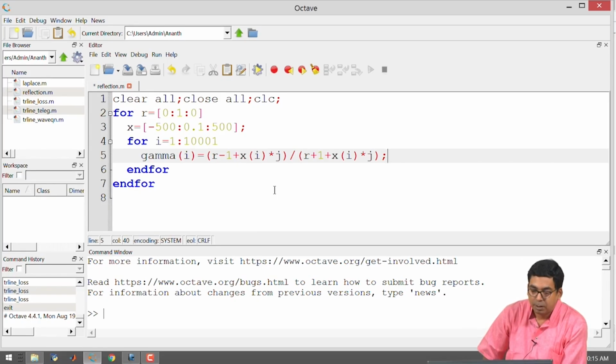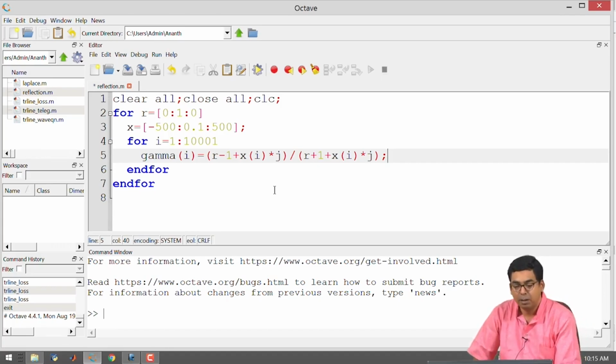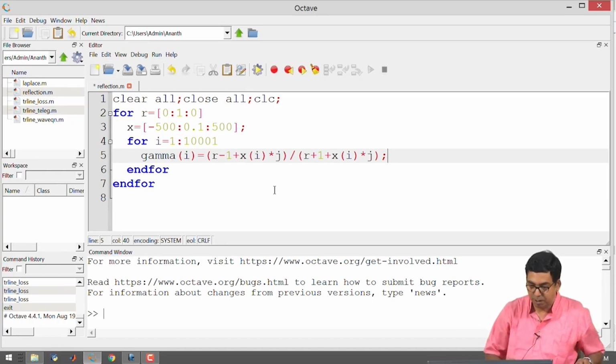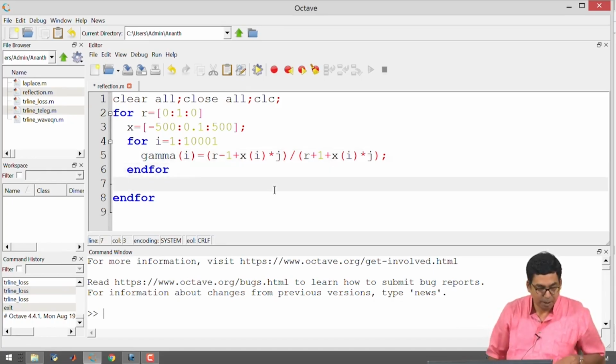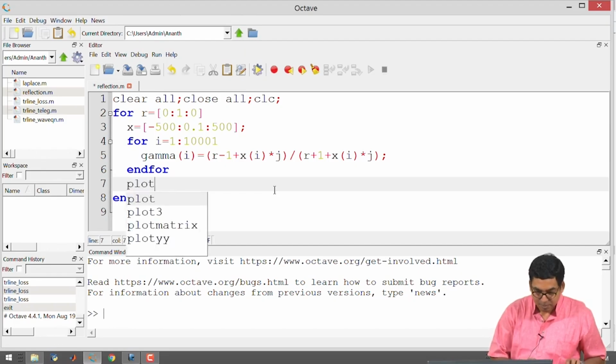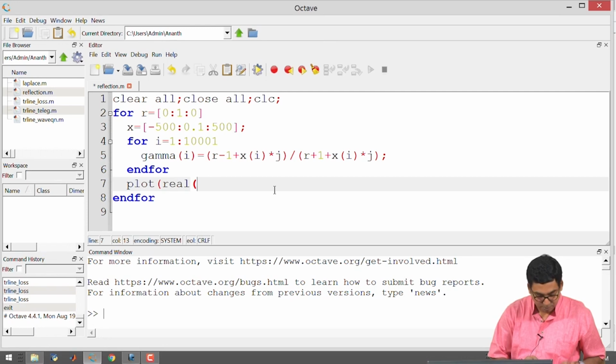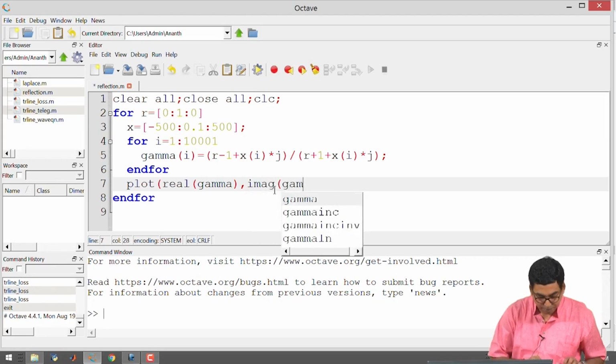So, now I have my resistance fixed and I am calculating a value of gamma for a variety of reactances, and I want to understand the effect of this on the gamma, and I want to make a plot. So, let me go ahead and make a plot. I simply want to plot the real part of gamma with imaginary part of gamma, right, as I have described.